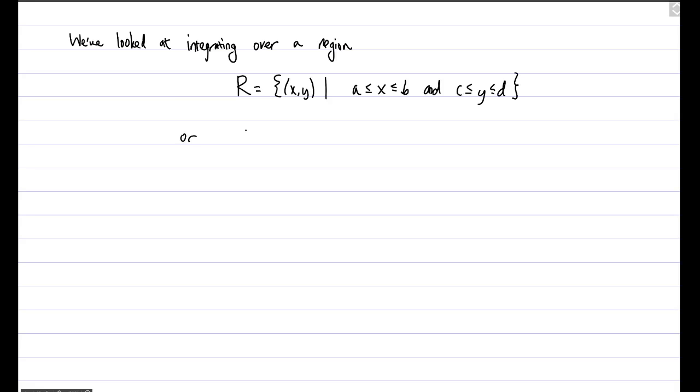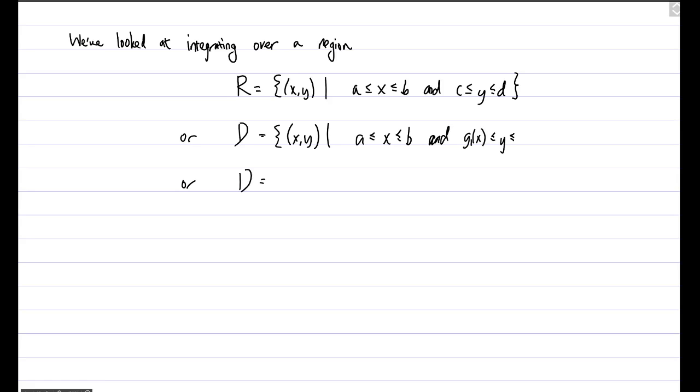But then we also started looking at other regions that the book has called D instead. And what happened was these were sets of all points of the form x comma y, where x was still stuck between two constants a and b, but then y was stuck between the values of two functions of x.